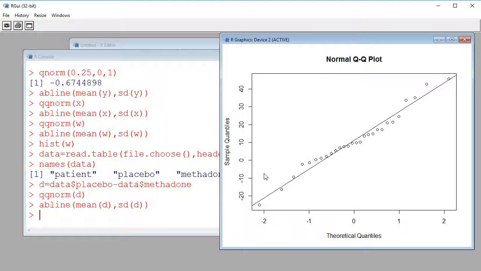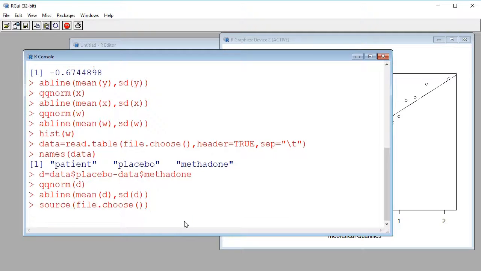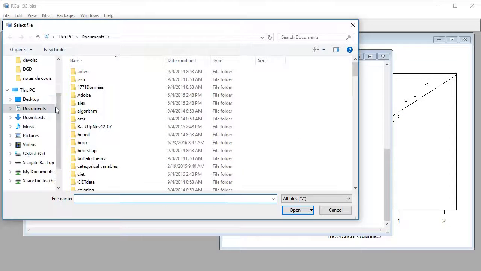I'll show you how to build normal probability plots. By default, R does not do this. So we defined a function in a file called plots.r. So I'm going to source the file with the command source, so I'll do file.choose. Okay, and then I'm going to find the file.